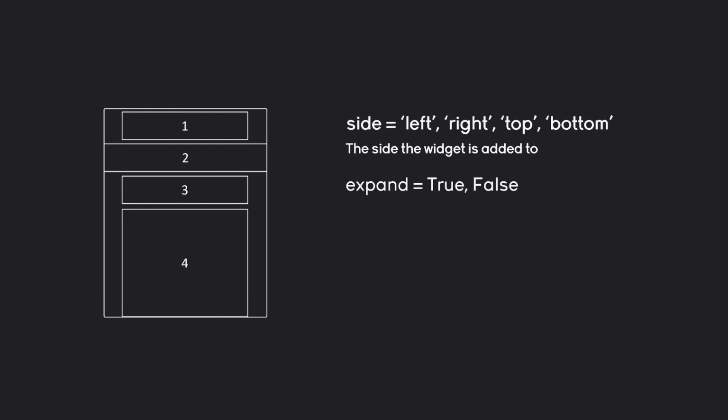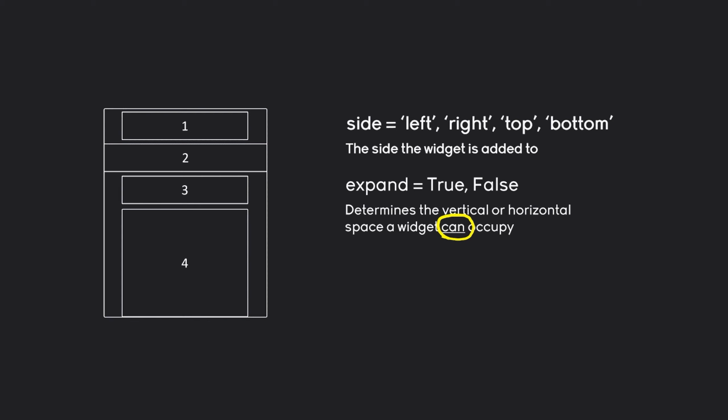Besides that, we have expand that is true or false. This one determines the vertical or horizontal space a widget can occupy. Can here is the key word, because expand only determines how much space a widget potentially has. It doesn't tell you how much space it is actually going to use.